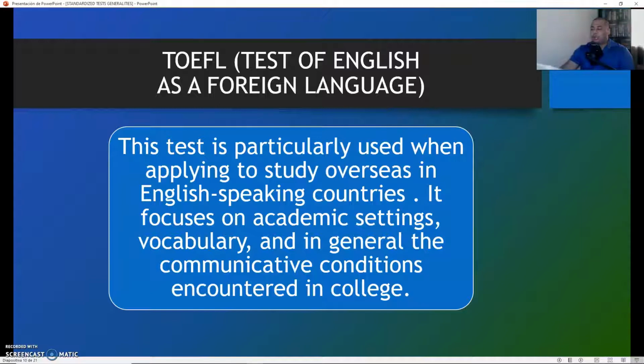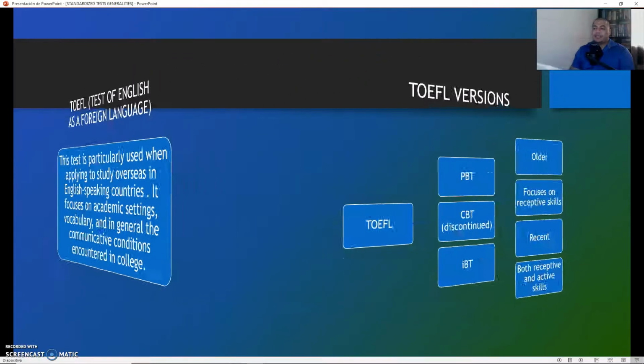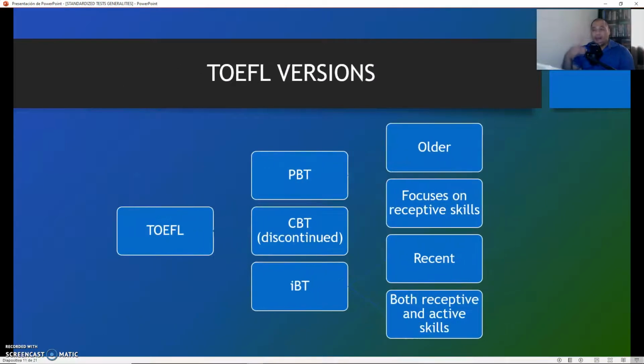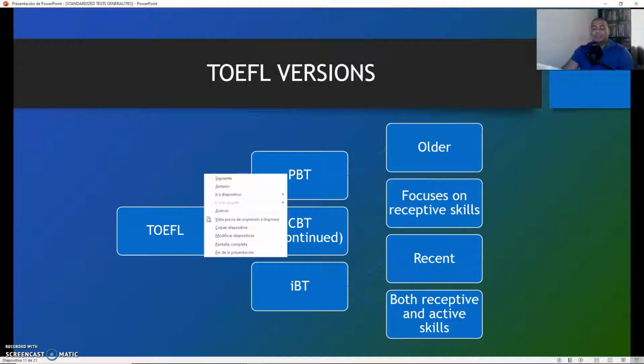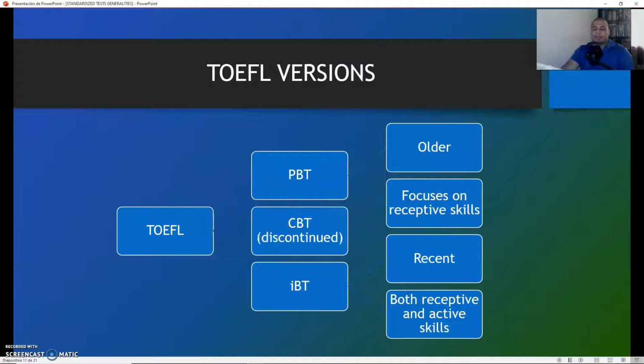Now, we know that TOEFL has undergone different versions. Basically we have three big versions of TOEFL. We have the PBT version, which is the paper-based test. It is the older version of the test, and it focuses on receptive skills.